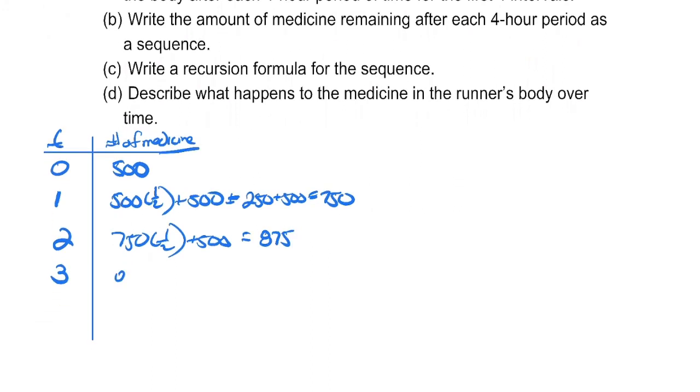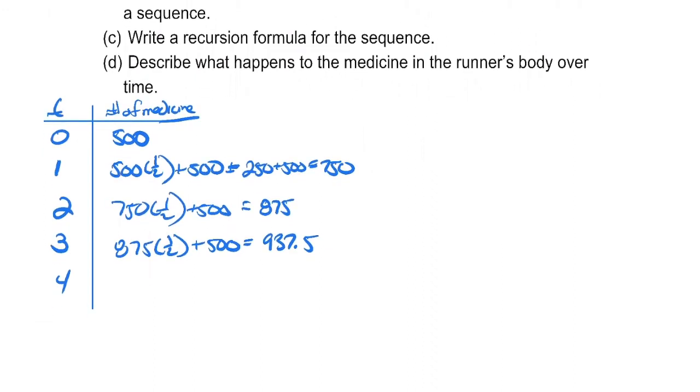That's going to be 937.5, and we can almost see what the recursive equation is going to be. The fourth time she's taking this pill is 937.5 times a half plus 500. It's going to be 968.75.